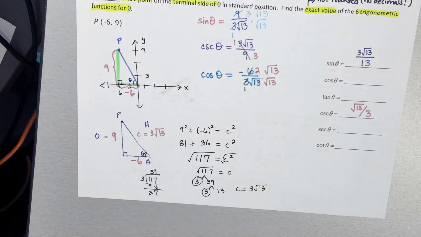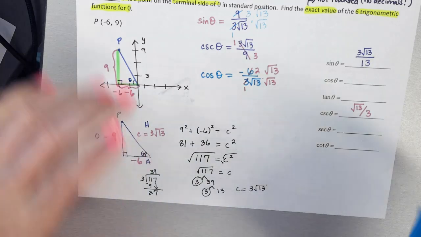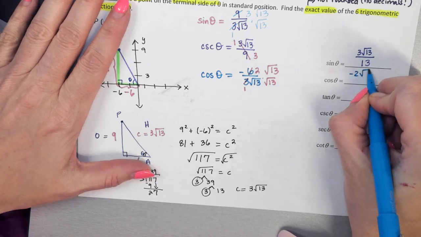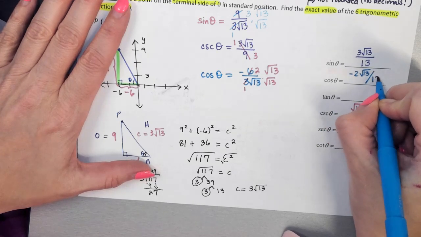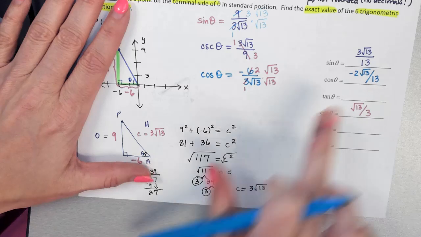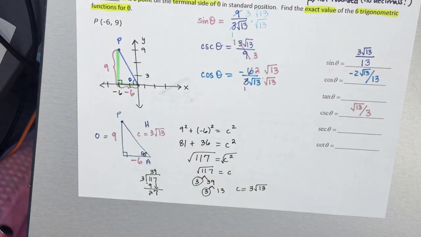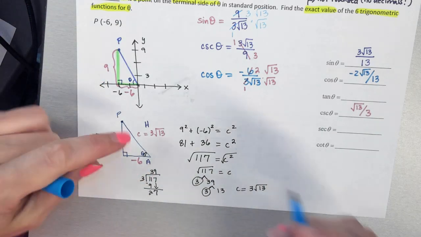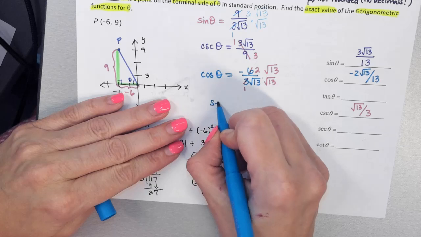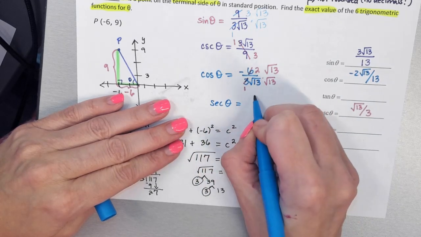Don't forget the negative here. So it's negative 2 root 13 divided by 13. Root 13 multiplied by itself is going to be 13. Okay, and we can go ahead and flip it for this secant.